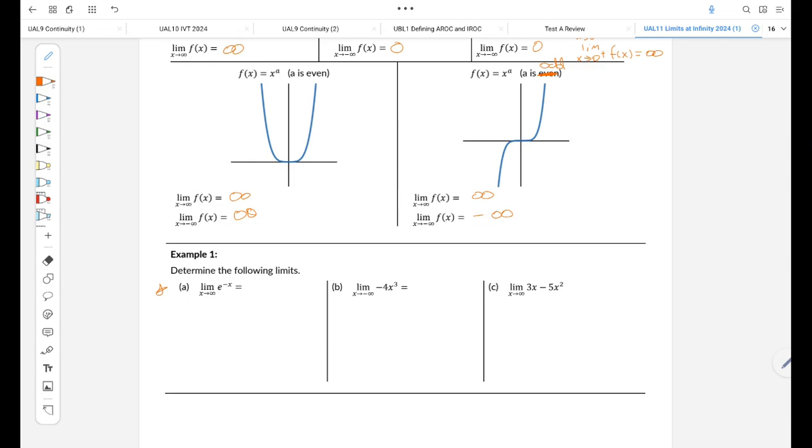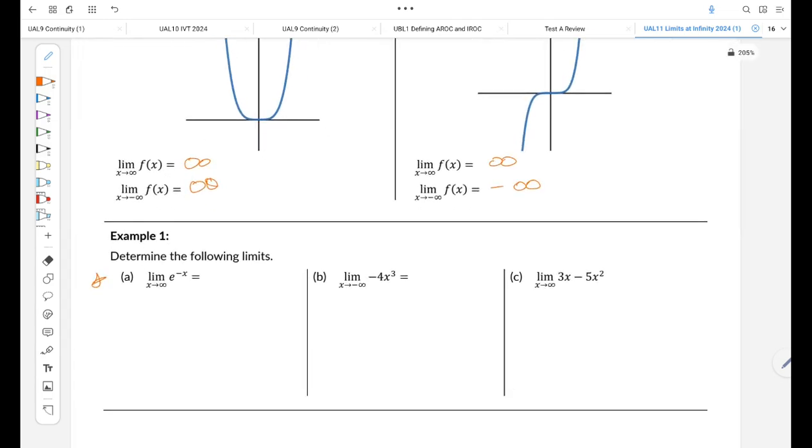I know a limit for e to the x, but I have e to the negative x. Negative x is the argument of that function. So I don't want the limit as x goes to infinity. I want the limit as negative x goes to something.